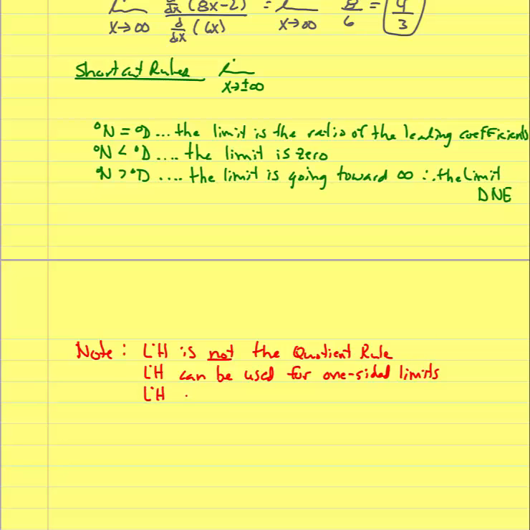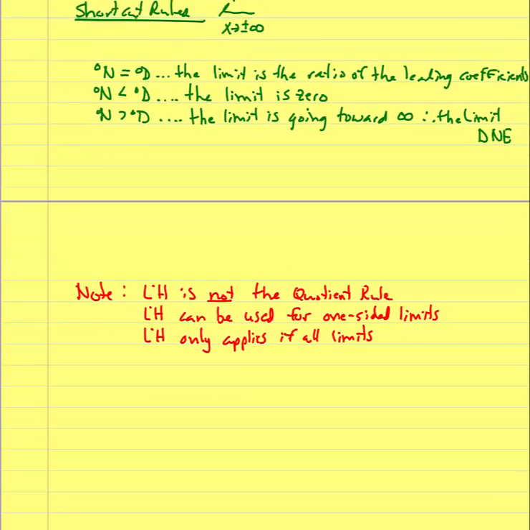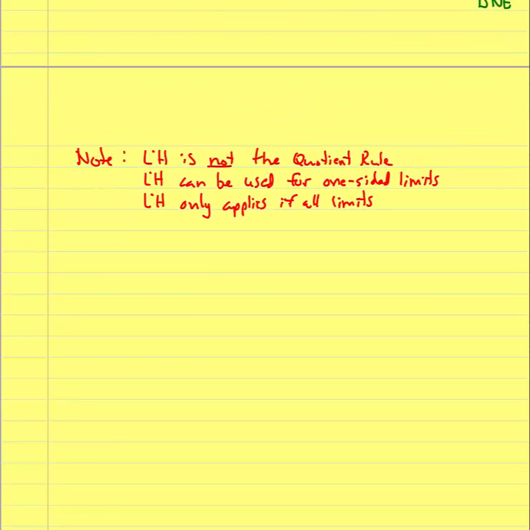Also, L'Hopital's only applies if all limits exist, meaning I can't get a 1 over 0 and then say because of L'Hopital's the limit does not exist. That means I have to go back through and establish what the limit is in some other way. So these are a few important things to remember about L'Hopital's. Let's go ahead and work a few more problems.